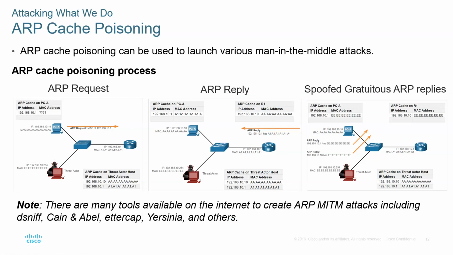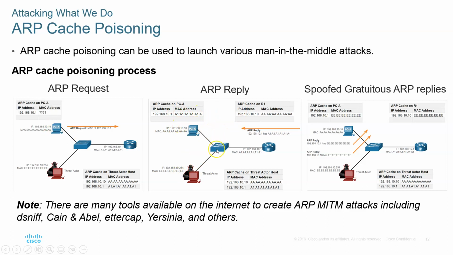So here is a typical ARP cache poisoning. Let's say this guy wants to get out on the internet, right? So what does he do? He sends out a request for the MAC address of R1 and he puts it into his memory.